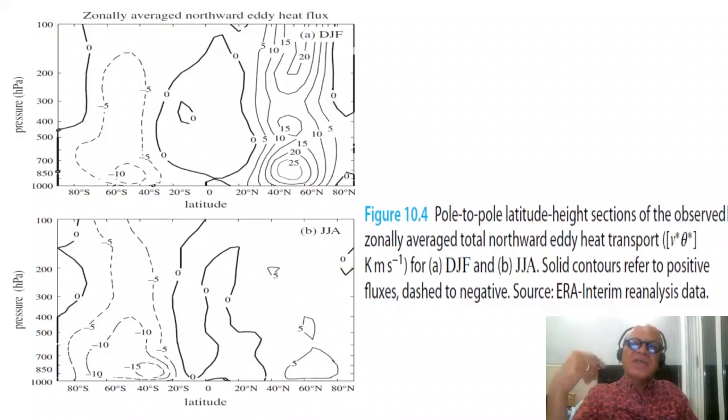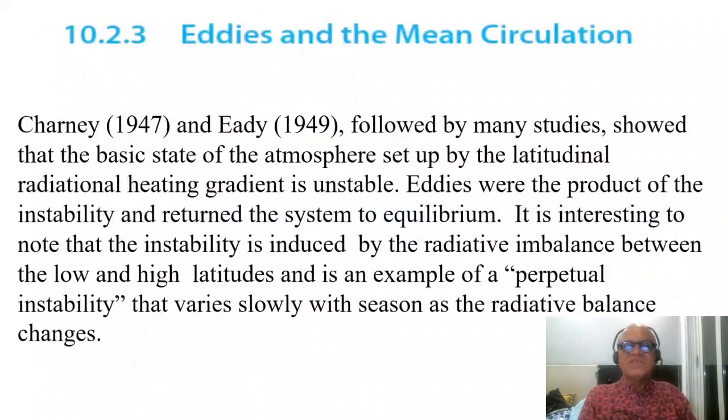So you end up getting hydrodynamic baroclinic instabilities, which is what produces these eddies. And when you have deviations from the zonal symmetry, there are other processes that bring the system back to equilibrium, and we'll see how that works.